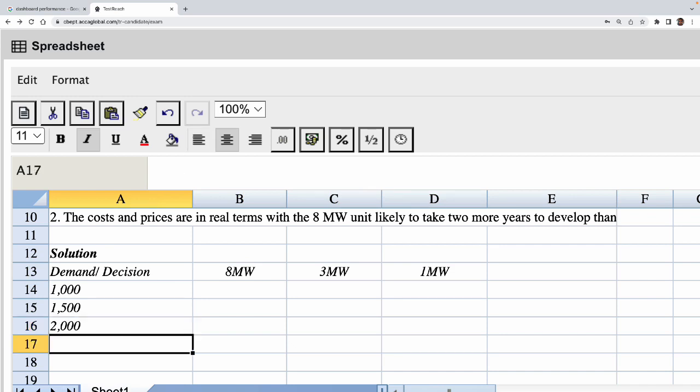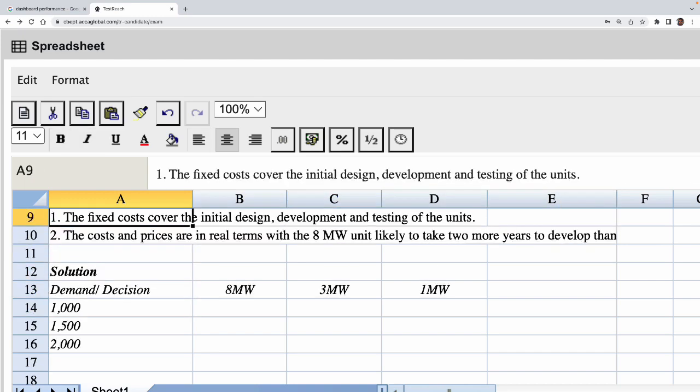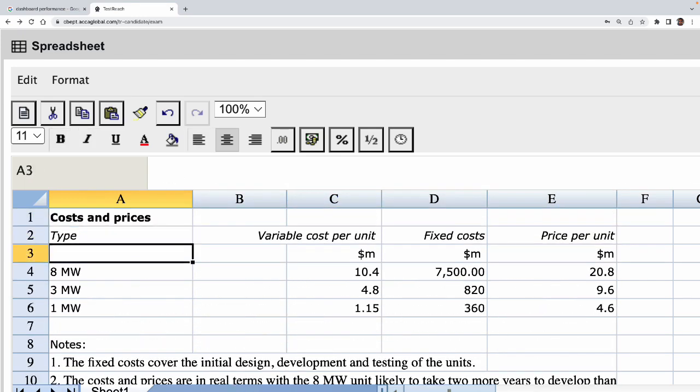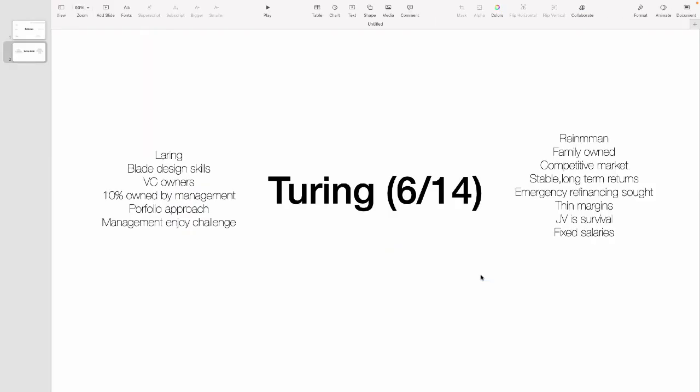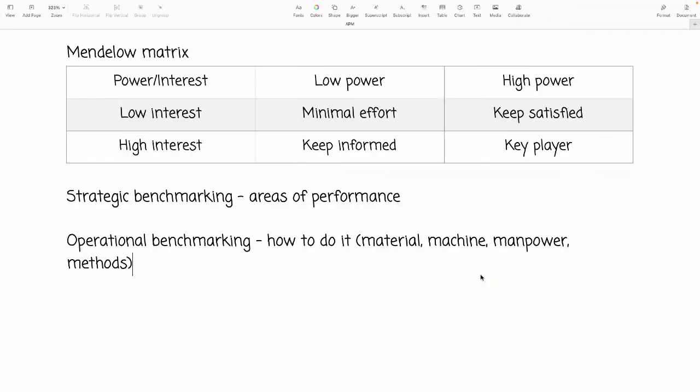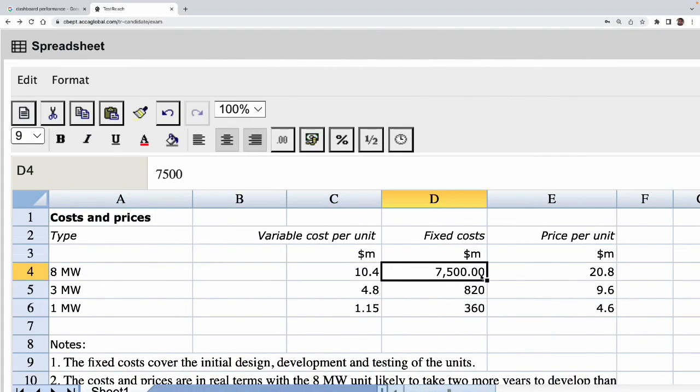Got it? So let's look at the data that you got here. 10.4. Something wrong with this number here. Is there something wrong with the number there? I think there's something wrong with this number here.